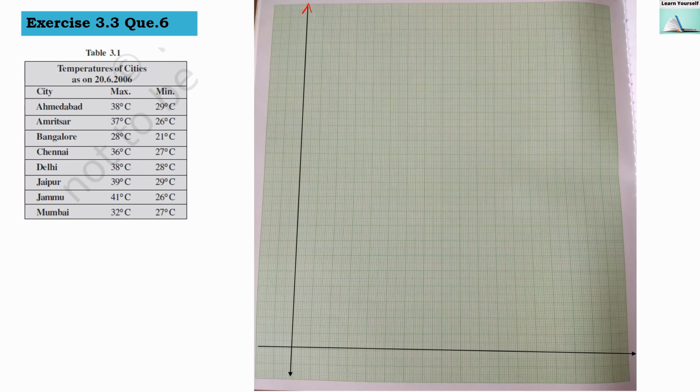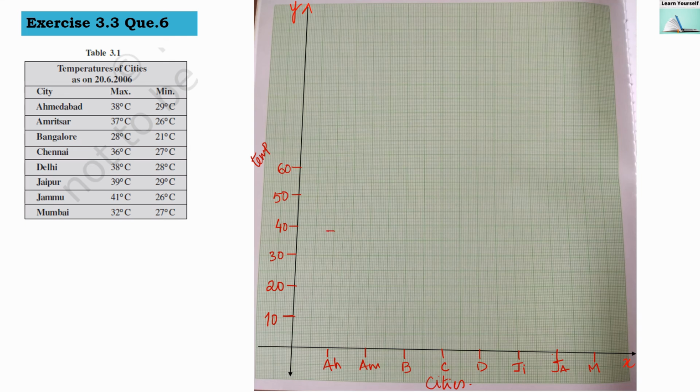This is my y-axis, this is my x-axis, and as I explained earlier, I am taking 2 units for 10 degrees. Now let us mark the maximum and minimum temperature. Let us first mark all the maximum temperatures. Ahmedabad it is 38, so it will come somewhere over here.